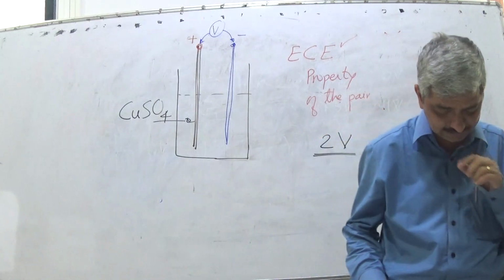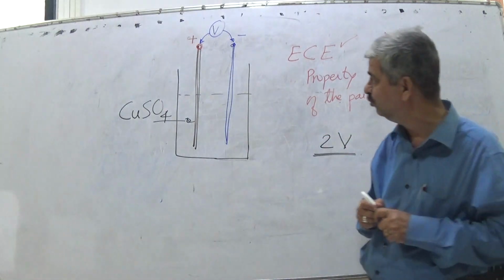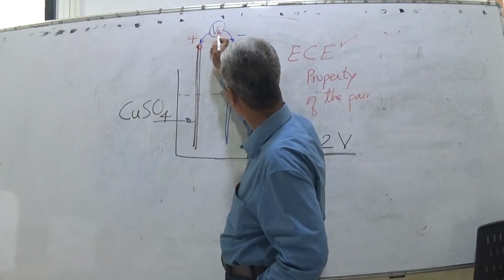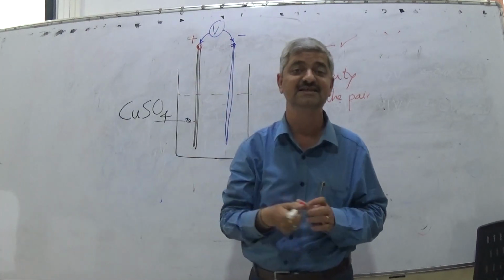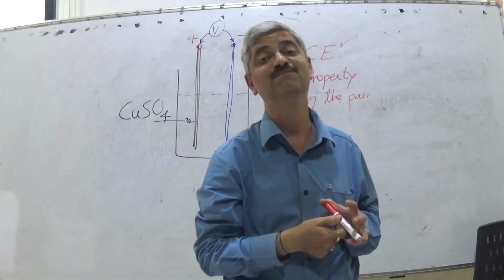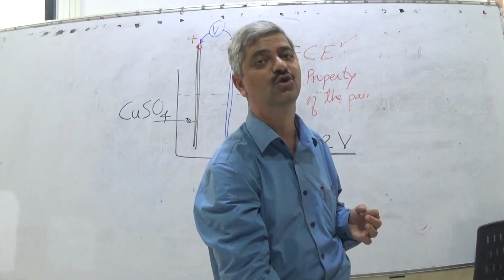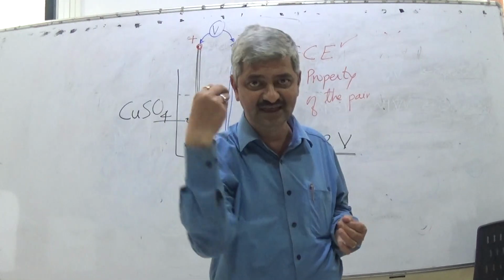Now, this digital voltmeter does not have a resistance. It is expected that it has infinite resistance. It doesn't draw any current, or draws very negligible current.